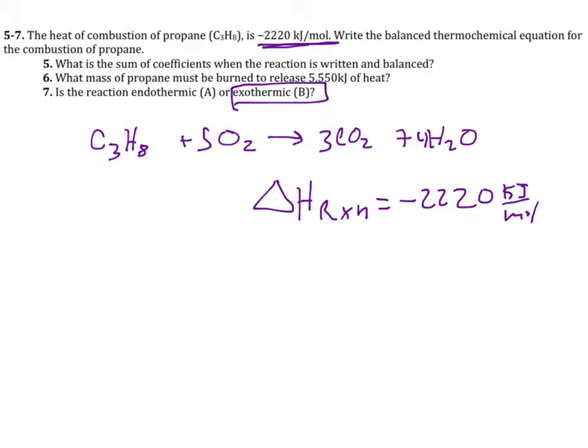My question is, should I put this on the reactant side or the product side? I want you to think about that. I'll give you a hint: the fact that this is negative tells you which one is which. Because it is negative, that means it's being released. That means it goes on the product side.